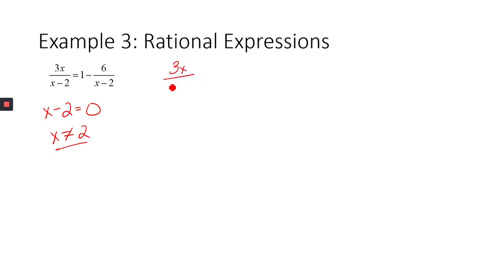Now we're going to go back to last week and just get all of our denominators to be the same. Actually, I'm going to change this to 1 over 1. Remember, any constant or anything by itself is really just something over 1. And then let's see, I'm going to find my denominators. My common denominator is just x minus 2, and this is the only piece that needs an x minus 2.